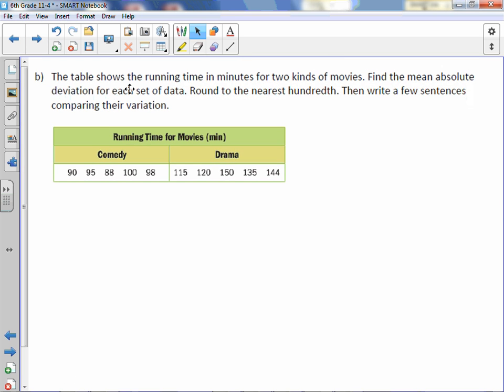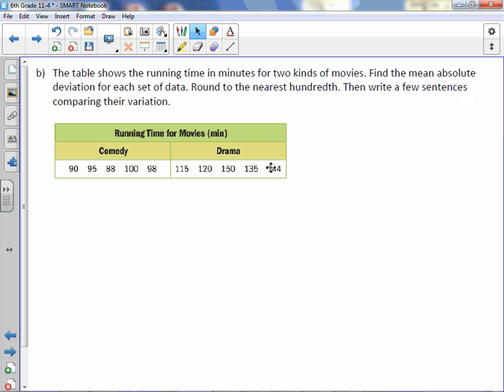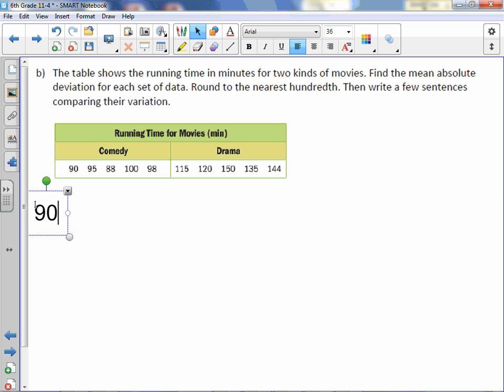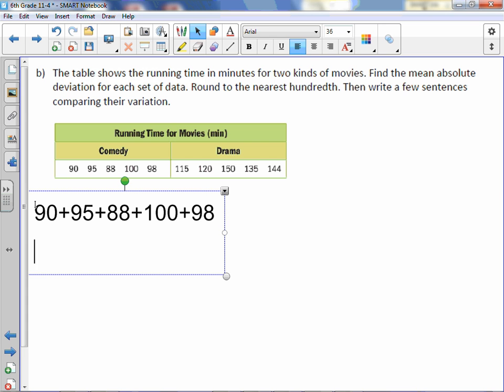The table shows the running time in minutes for 2 kinds of movies. Find the mean absolute deviation for each set of data, round to the nearest hundredth, then write a few sentences comparing their variation. So let's do another one. Let's start with comedy. Let's find the mean. 90 plus 95 plus 88 plus 100 plus 98.